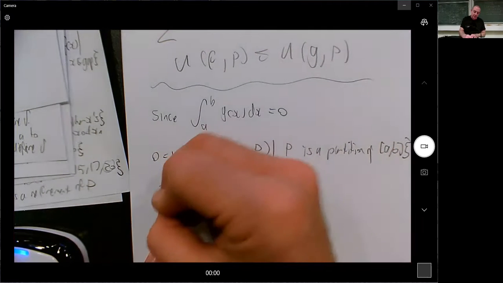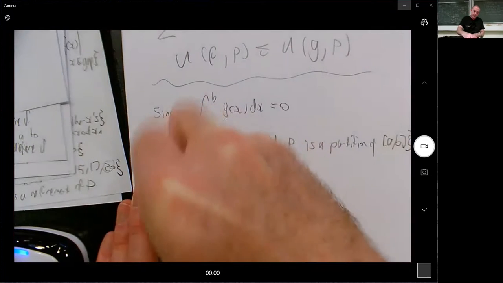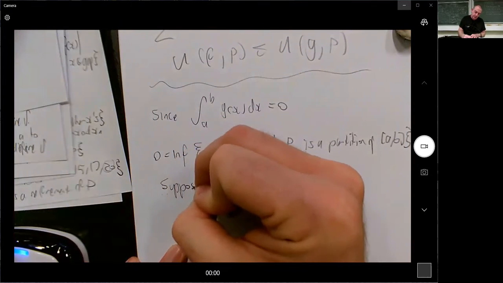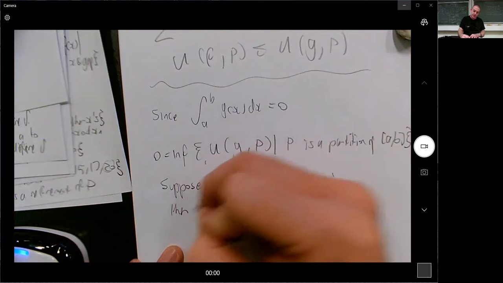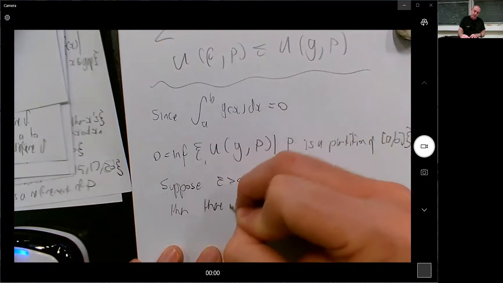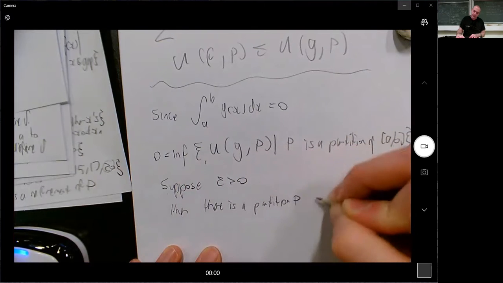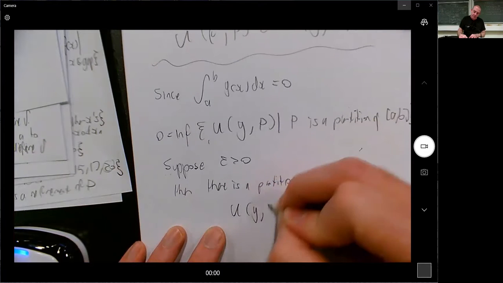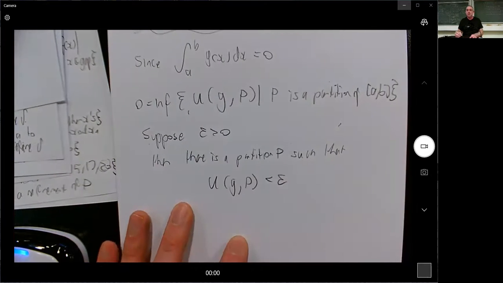And so therefore, suppose epsilon is greater than 0, then there is a partition P such that U(g,P) is less than epsilon, since the infimum is 0.